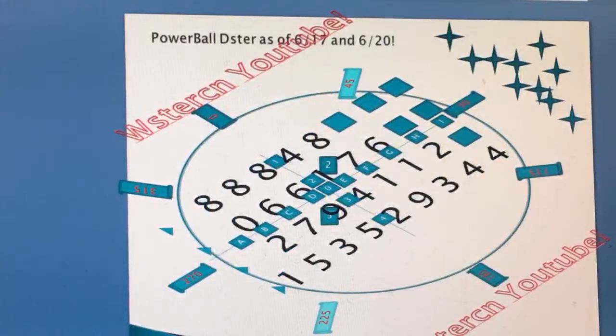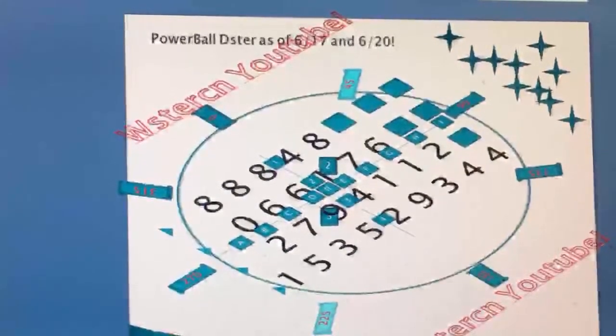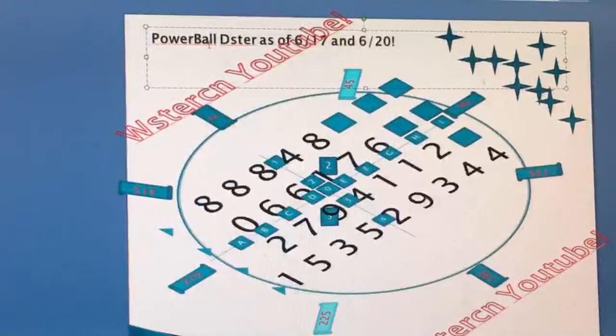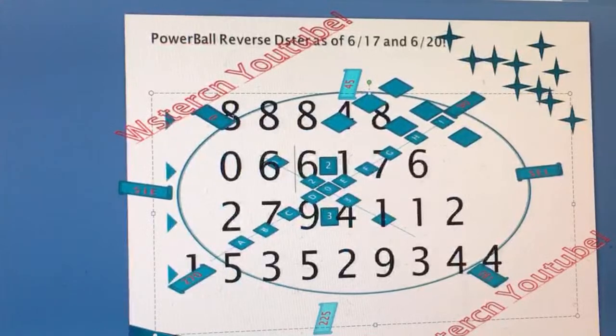Now, since the Dster is powerful, the reverse Dster is as well. Let's figure out why. But too bad they don't have the reverse Pascal triangle. Now, reverse Dster, you simply reverse the numbers. So the first set will be 8, 8, 8, 4, 8, 8, 8.